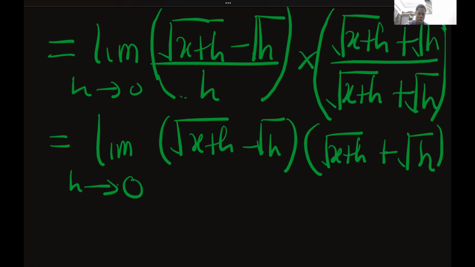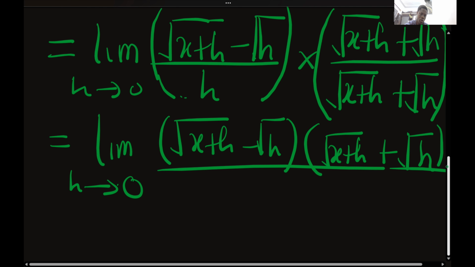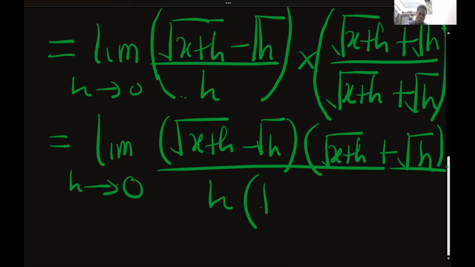All right, you got the line nicely. So that one will now be h multiplying the denominator of the other fraction, which will be square root of x plus h plus square root of h. So I'll bring the bracket down.